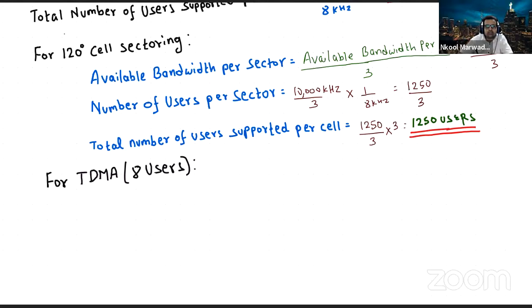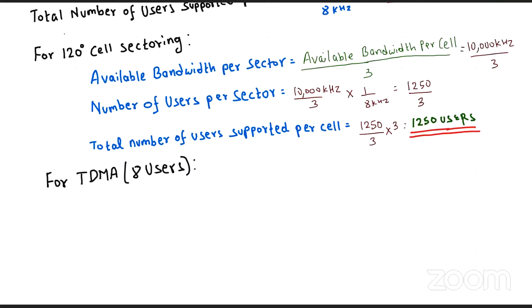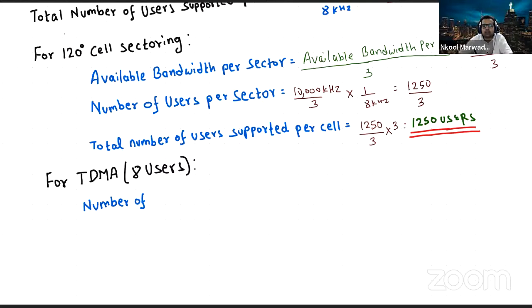So the number of users per sector will become 8 times. It will be very good if you write a line on this: in TDMA, every frequency channel will be used simultaneously by 8 users, and hence the channel capacity, or the number of users supported, becomes 8 times. Then you write the number of users per sector, it will be 8 times.